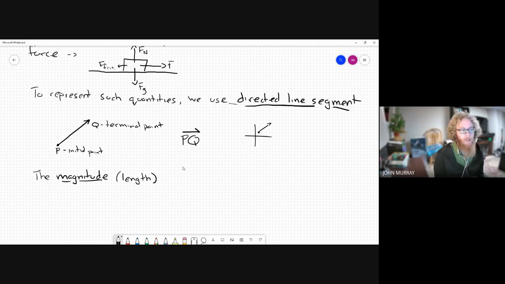The magnitude is also known as the length of the line. And that's just telling us how hard we're applying force or how fast we're going. And then obviously, the direction is given by where the arrow is pointing. So we have the magnitude.